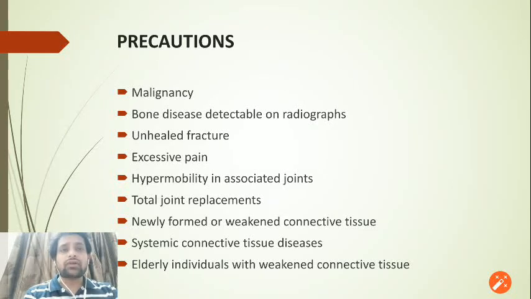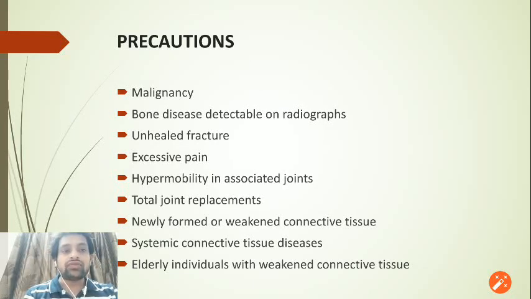Next are precautions. Malignancy, bone disease detectable on radiographs, unhealed fractures or malunion, then excessive pain, that means if there is excessive pain during the mobilization technique, we should stop it.